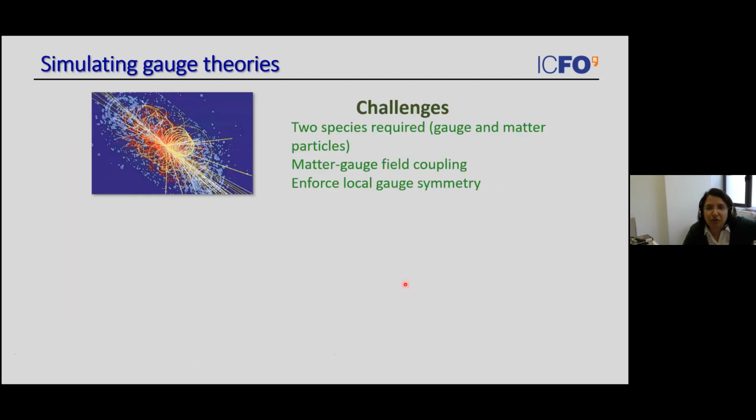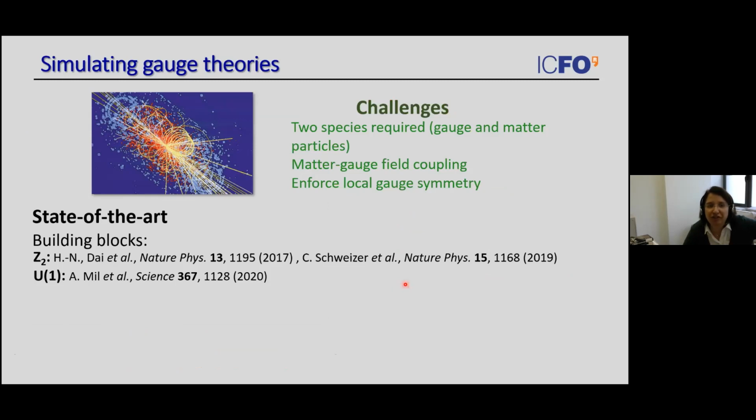So let me tell you from an experimentalist perspective what has been done. There is actually a lot of progress despite the fact that this is a hard problem. Several experiments have looked at engineering building blocks for making these lattice gauge theories in the lab, basically making that in very small systems. For example, here, that's the Pan group in Heidelberg a few years ago on a plaquette. They could engineer some plaquette interactions.